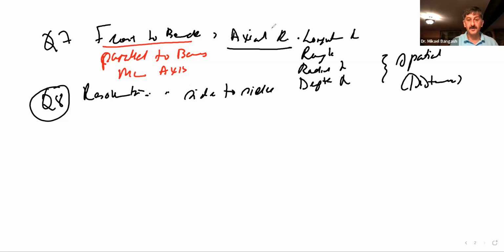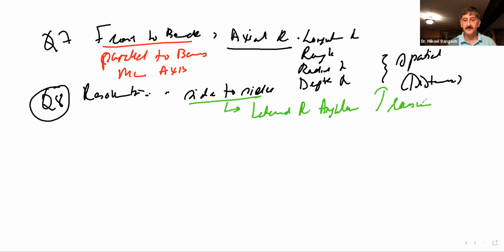So, ladies, this side to side here, that will be the magical term for your lateral resolution, which we then still refer to as the angular resolution. We even say transverse resolution, or the azimuthal resolution.